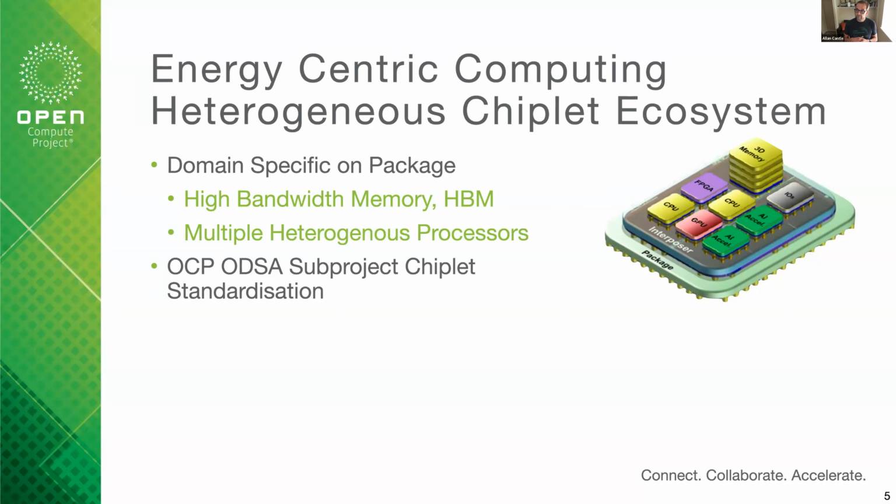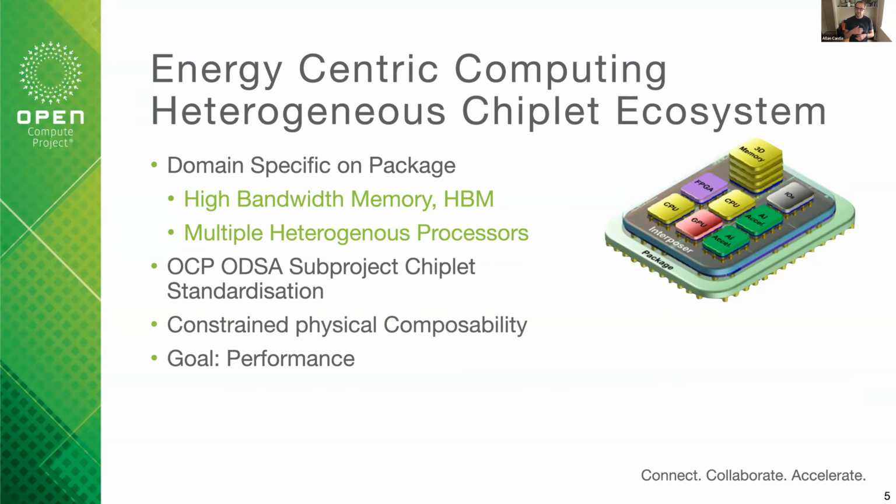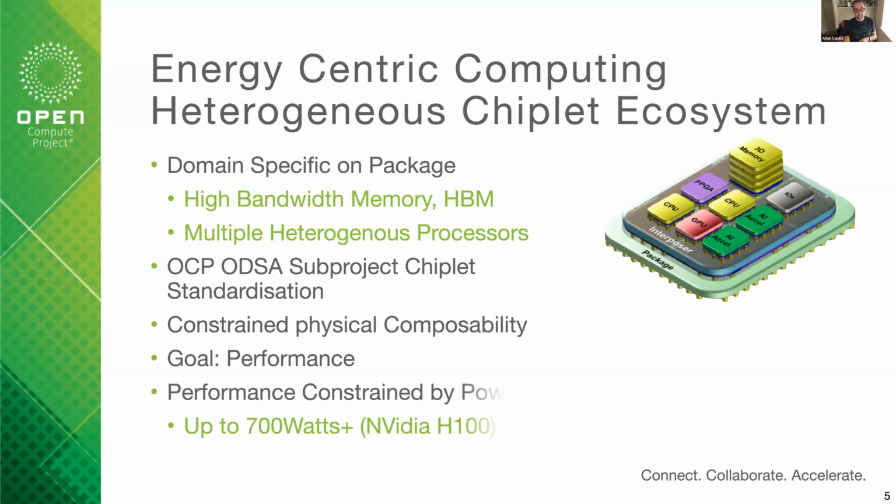You'll be hearing from OCP's ODSA shortly, and they're focusing on chiplet standardization. Very excellent working group. I thoroughly recommend them. But this does give you a very constrained physical composability. There's quite an expensive packaging job by the experts, and the ultimate goal is really the best performance that you can achieve.